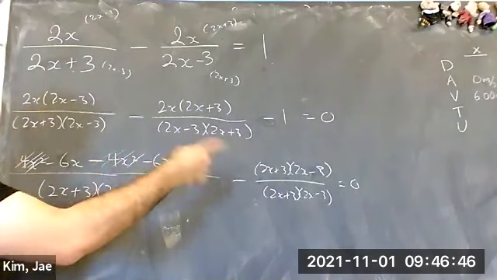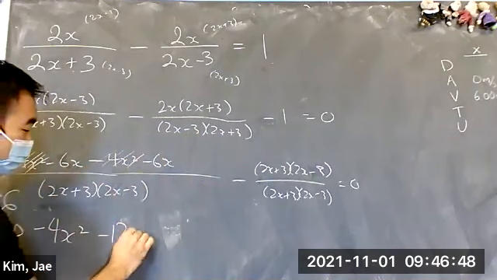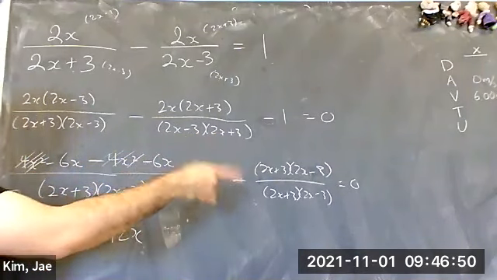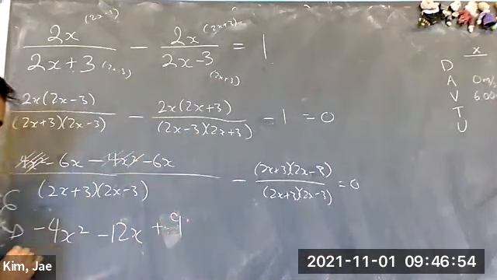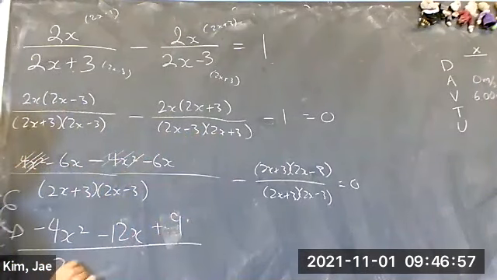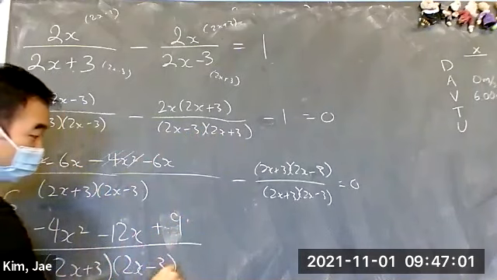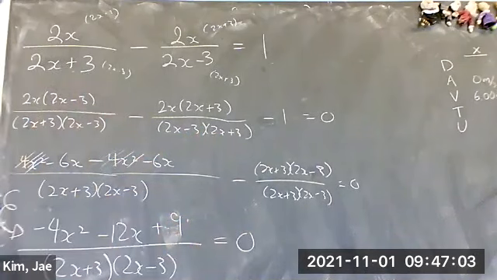This becomes nothing minus 12x. And this becomes a negative 9 plus a 9.